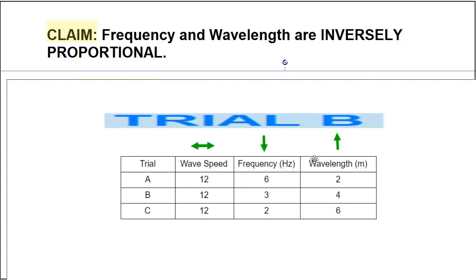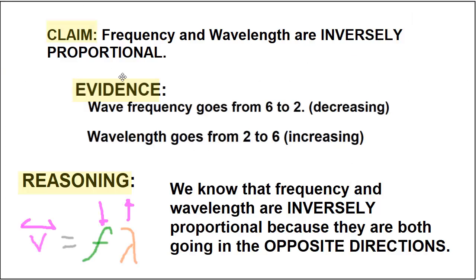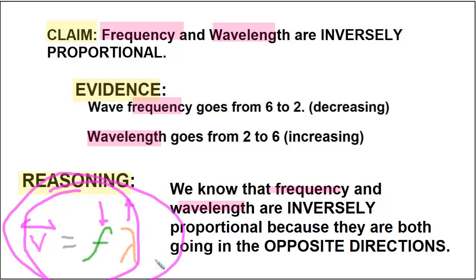So let's look at our entire answer: claim, evidence, and reasoning. Again, it's all about frequency and wavelength. So this right here will get you a 3 on the CFA. If you want a 4, write a sentence about the wave equation and say, as shown by the wave equation, frequency and wavelength are inversely proportional. And that will get you a 4 on the CFA.